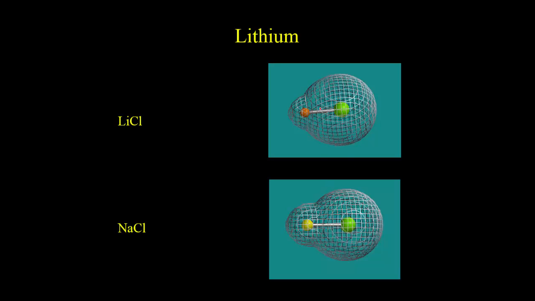There's some distortion there, and that's because this lithium ion is so small that its charge density is so large it polarizes the chloride electron cloud, and that polarization leads to a more covalent type bond. Is this true? This is a computer model. Well, lithium chloride is more soluble in polar solvents than sodium chloride. Again, this is a unique property because of the very small size of the ion.